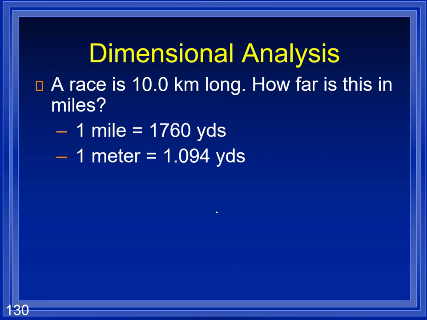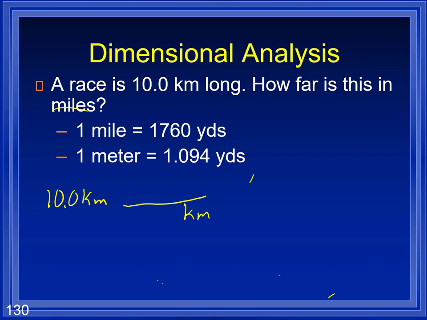So I'm going to start where I always start. And that is writing down what they gave me. 10.0 kilometers. Then I ask the questions I keep asking. What unit do I want to get rid of? Kilometers. Where's it got to go? On the bottom. What can I turn kilometers into? Well, I can't turn kilometers into miles.